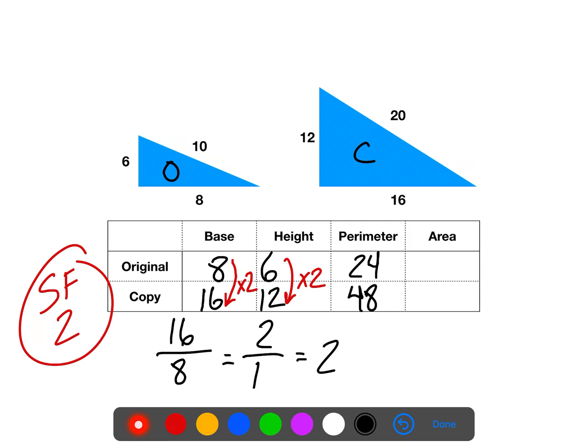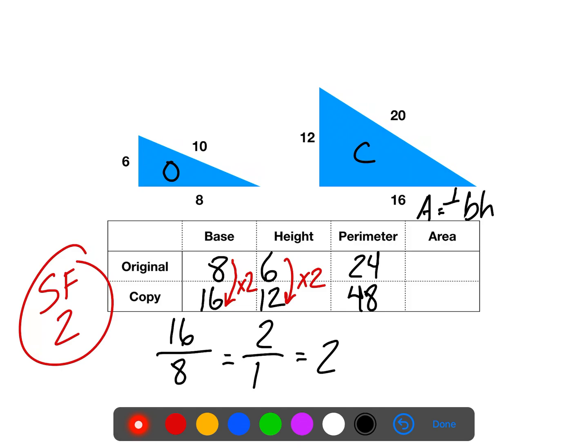All right, then we're going to look for area. So with area, if you've forgotten, to find the area of a triangle, we take the base times the height. And really, we don't want to just do that.